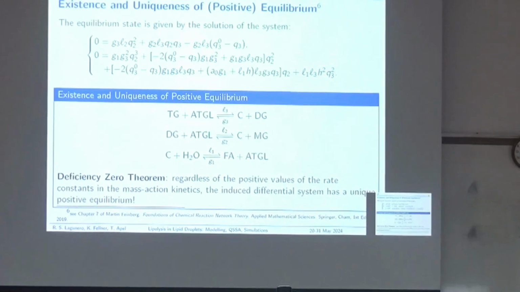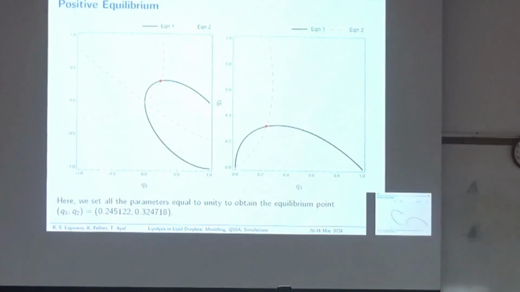It is due to the so-called deficiency 0 theorem, which says that whatever positive values you give to your rate constants, you will always have a positive equilibrium, and it is unique. This is for the original system, and of course, numerics would confirm that.